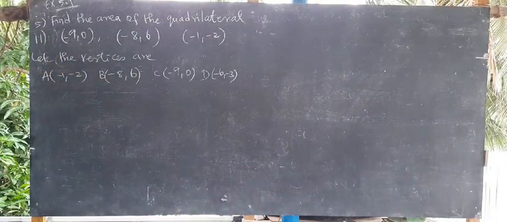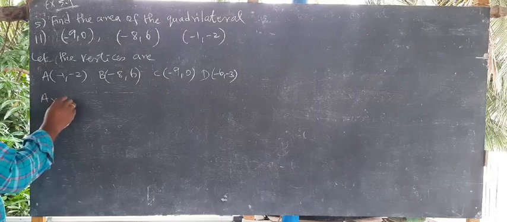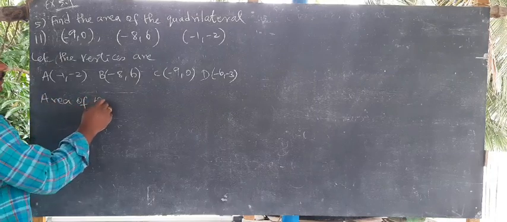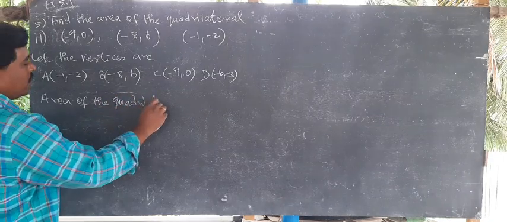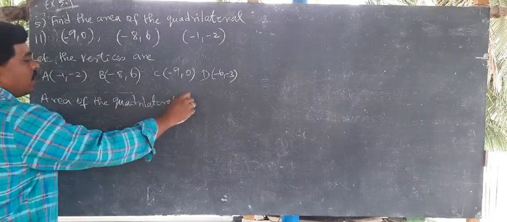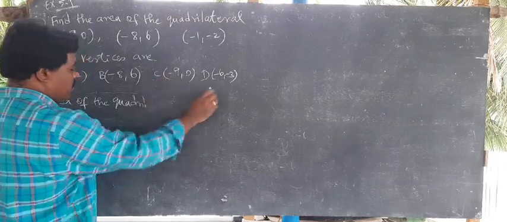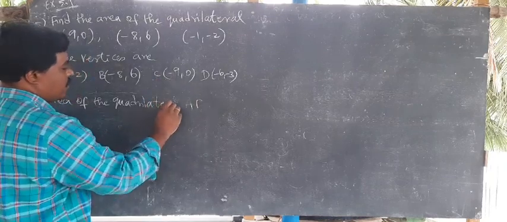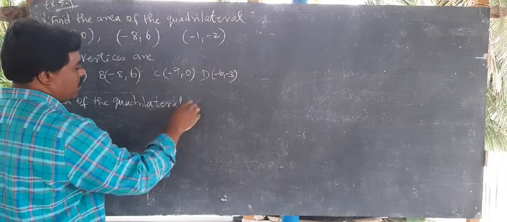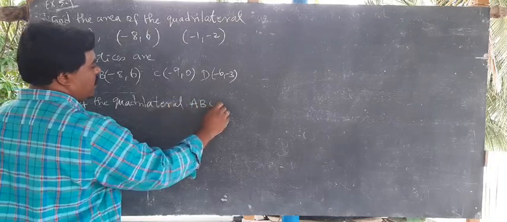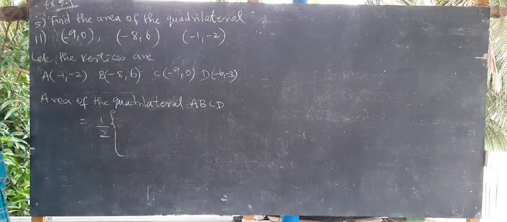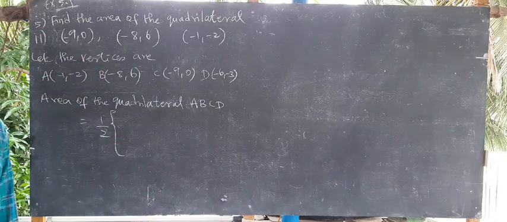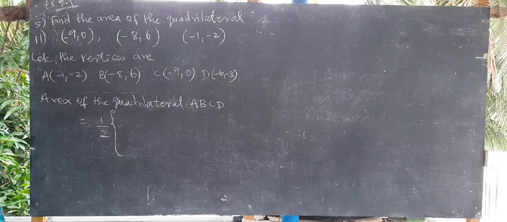Now, area of the quadrilateral ABCD equal to 1 by 2. The same thing. Triangle means we are having the 3 points. Quadrilateral means we are having the 4 points.